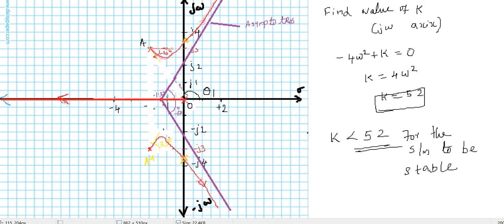Now, the meeting points of the root locus with the j omega axis are plus j 3.6 and minus j 3.6, and the limiting value of k is 52. When k is greater than 52, the system will be unstable because the root locus will move to the RHS. When the root locus moves to the RHS, it means the characteristic equation of the closed loop system has roots on the RHS. So above 52 the system will get unstable.